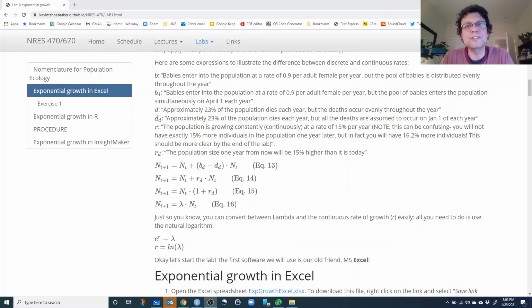This concept is a little bit confusing, but hopefully after the end of this lab, after you've had a chance to work through these concepts yourself in Excel and in R, it'll be more intuitive, or you'll start to make sense of this. This is something we'll talk about more later.